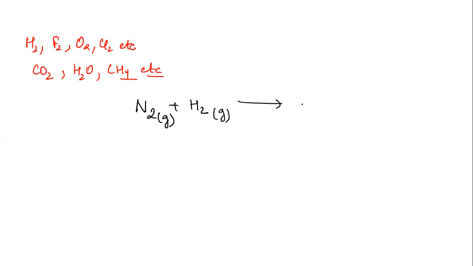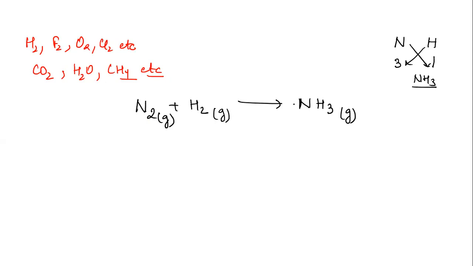What is the valency of nitrogen? 3. Hydrogen is 1. If you cross multiply, you will get NH3. So nitrogen and hydrogen, whenever they combine, form NH3, which is also a gas. Is that clear?